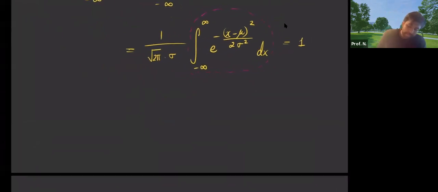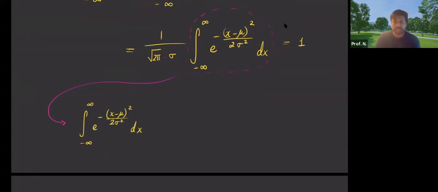So what we're going to do is look at just this integral here: negative infinity to infinity of e to the negative x minus mu squared all over 2 sigma squared dx.